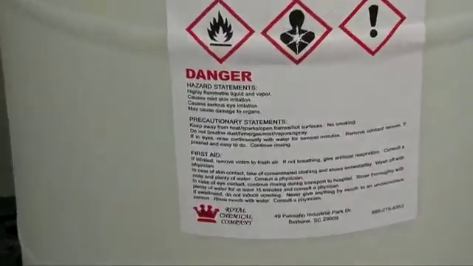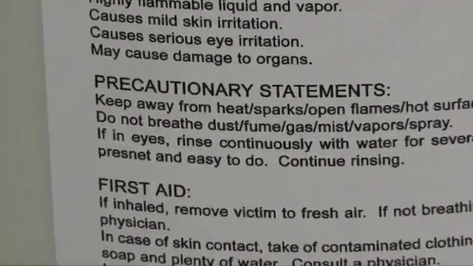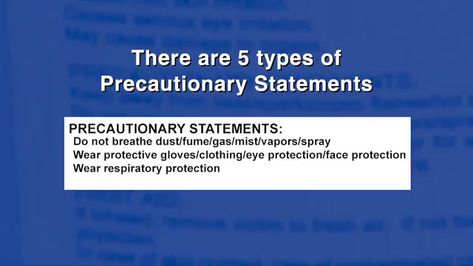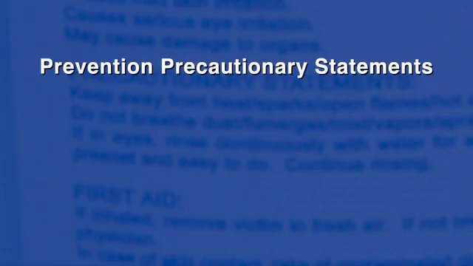In addition to hazard statements, chemical labels will also contain precautionary statements. Precautionary statements describe measures that can be taken to prevent or minimize any harmful effects of the chemical. There are 5 types of precautionary statements. General, such as read label before use. Prevention, such as wear protective gloves.